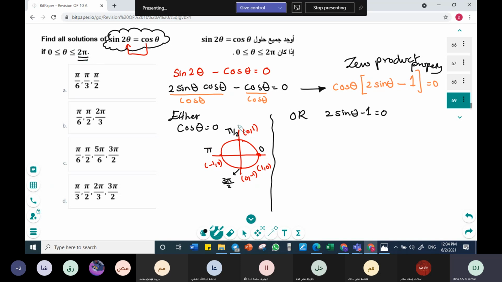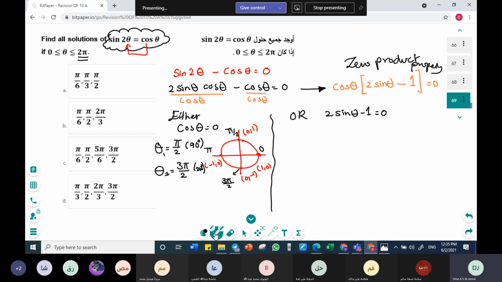So when your theta has a 0 for the cosine, it is pi over 2 and 3 pi over 2, which is 90 and 270 degrees.